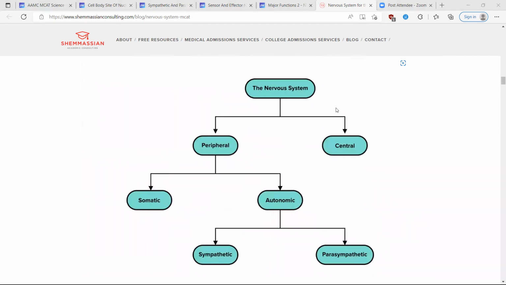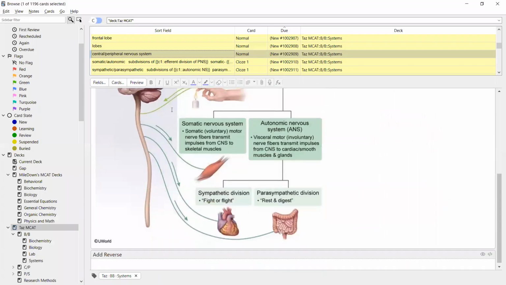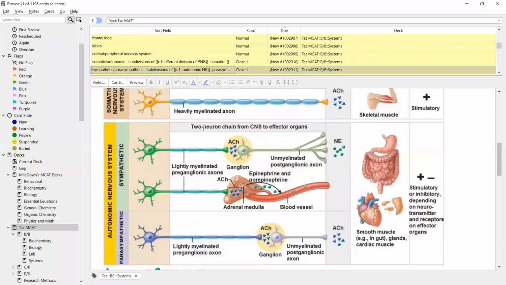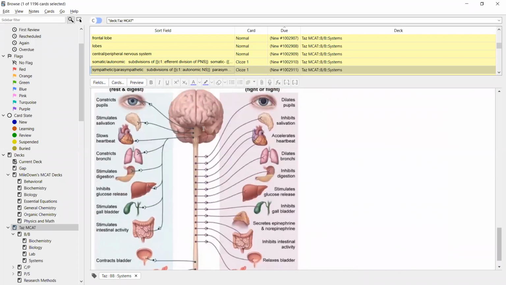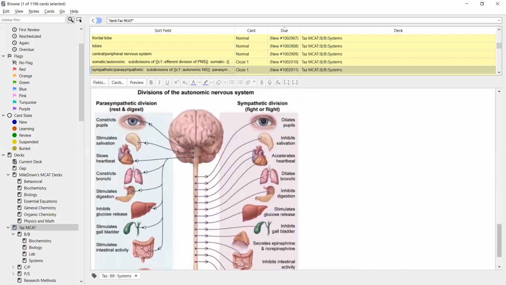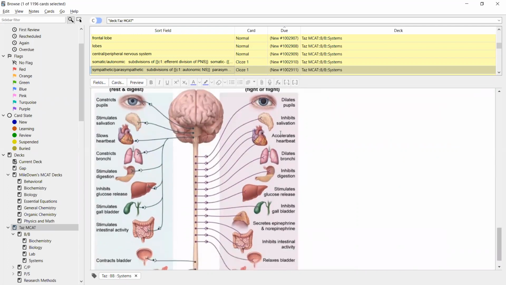So when we have the sympathetic, right here, yeah. If you need to fight or flight, right, then they're basically directly opposite, because if you're resting and digesting, your body and your organs should be doing the opposite of what you're doing if you're fighting or running, right?